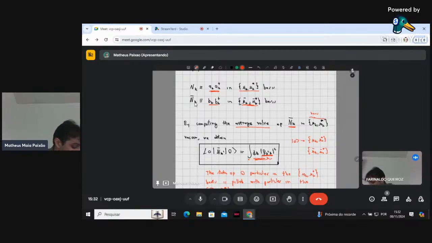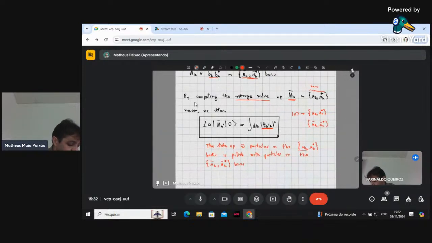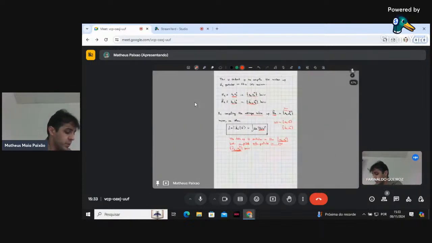That's a non-zero number, which means that the state of 0 particles in my original basis is filled with particles in my second basis. So in principle, the definition of particles and the number of particles explicitly depends on the basis we use to expand our field.